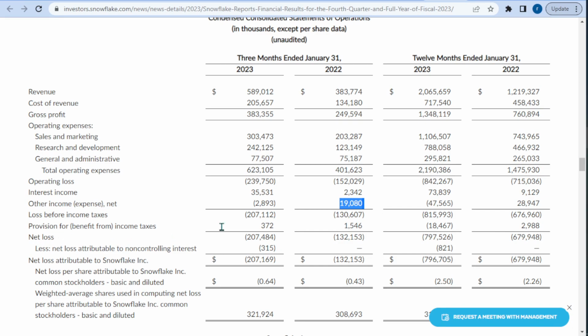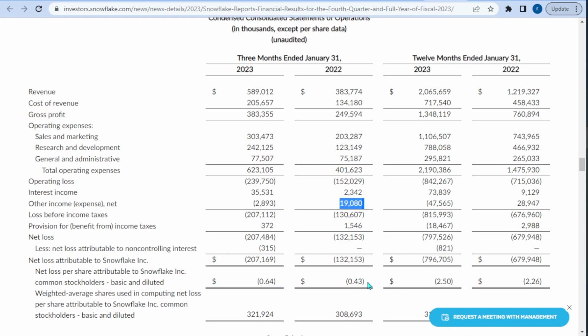Let's see, net loss. So net loss, that's 207.5 million right there versus the last year's same quarter, negative 132 million. And if we look at this bottom line right here, the diluted earnings per share, this is negative 64 cents per share.